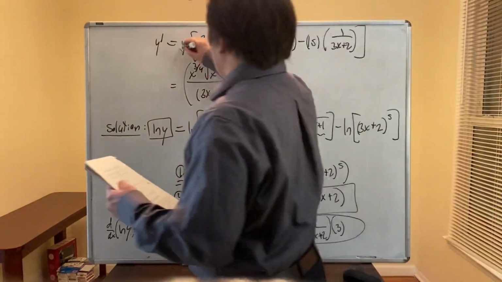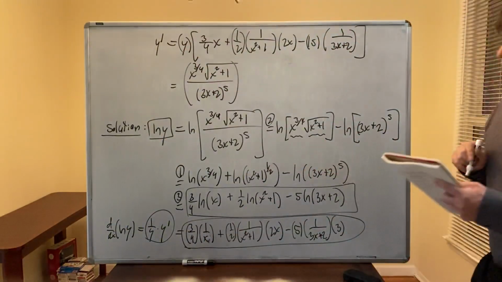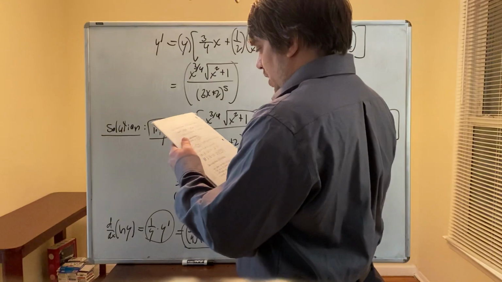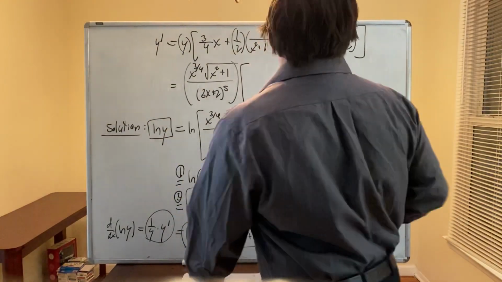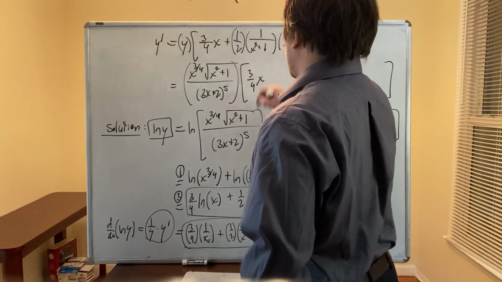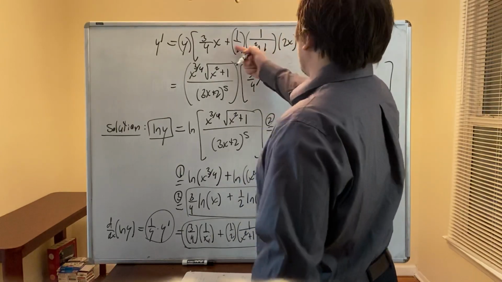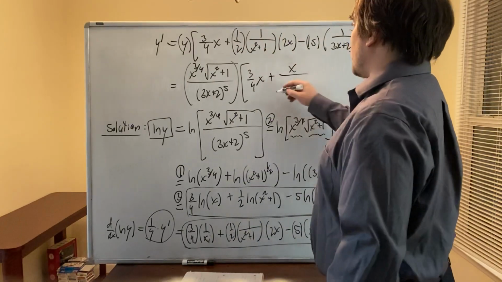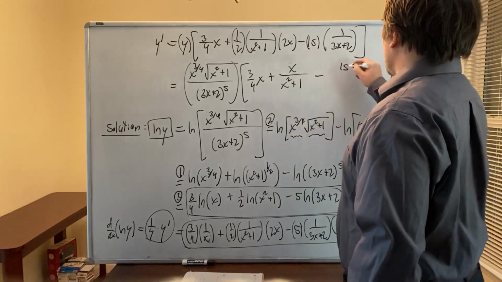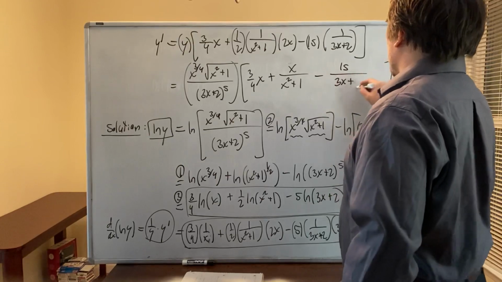That's the y here. That's y, in parentheses so you can see that's that. And then it's times what's already in these brackets. This is 3/4 x plus 1/2 times 2x is x. So that's x over x squared plus 1 minus 15 over 3x plus 2.